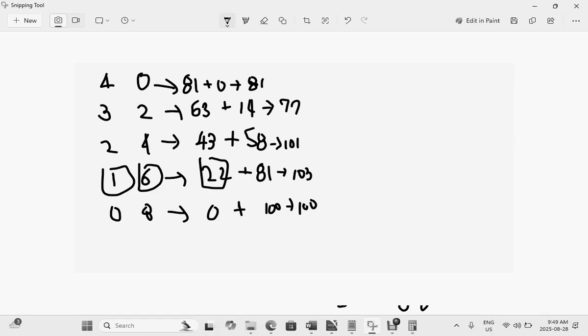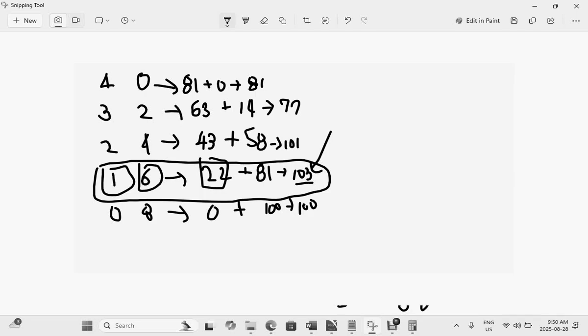Now, if you look at these points, 1 and 6, this is your combination where you have the maximum utility, maximum satisfaction, so to speak, which is 103 utils.